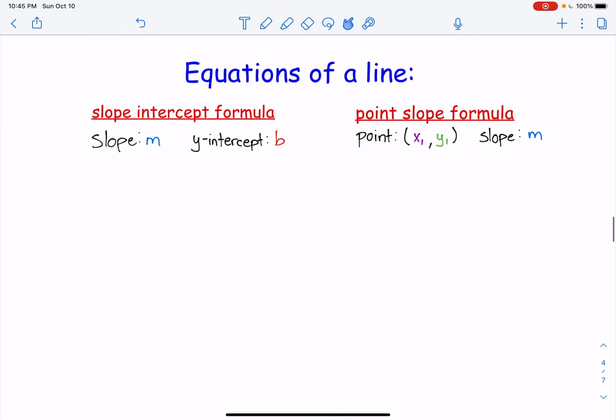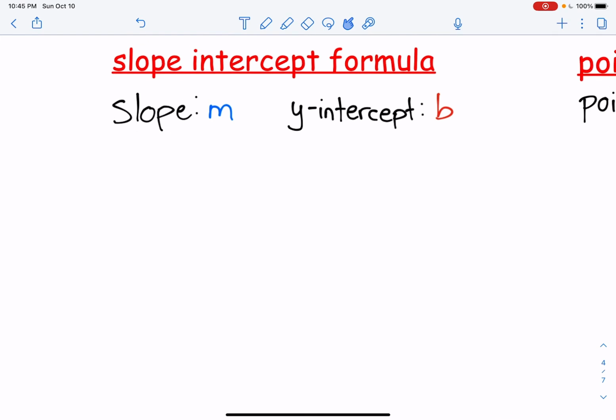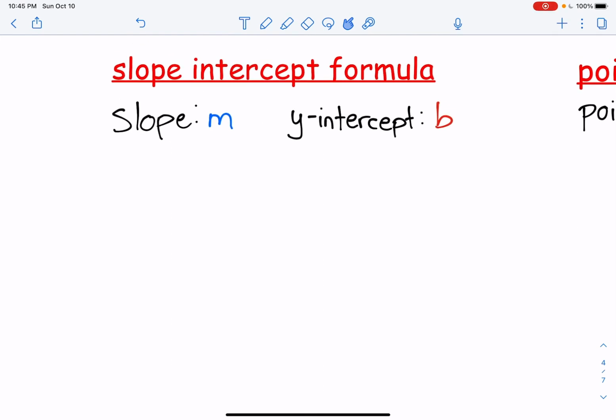Now moving on to 3-6, equations of a line: slope-intercept form and point-slope form. These are going to be the two that we use a bunch. If you're given a slope and a y-intercept, you put it in slope-intercept form. Nothing crazy there.